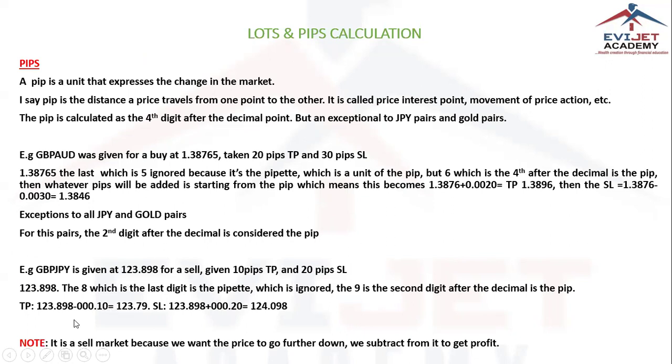And it's for a sell. That is why you see this minus. If you are selling, your take profit is below. So it's a minus. Your take profit is going to be lower than your entry price. In this case, we are minusing 10 pips from the price, 123.898, but we have taken the 8 out because it's ignored as a pipette. Which means your take profit is 123.79.